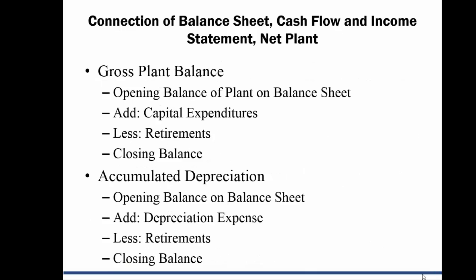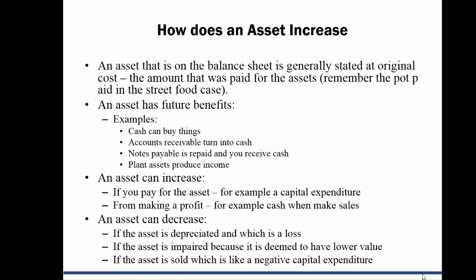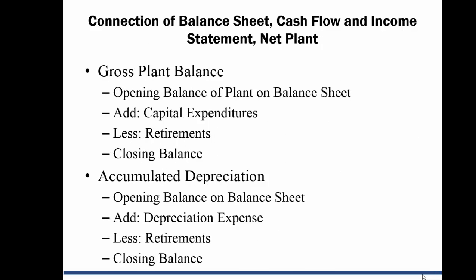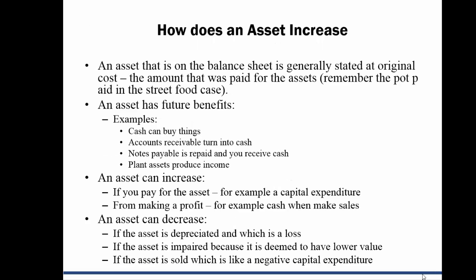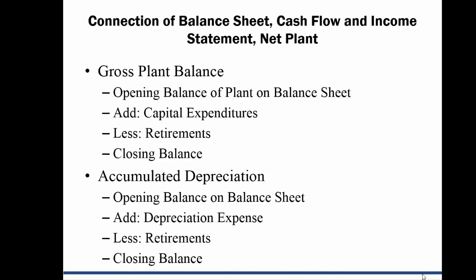So how does an asset go down and up? We either make some loss or we transfer it out of ourselves to go down. To go up, you make a profit or you spend some money to get it. Gross plant goes up by capex and down by retirement.